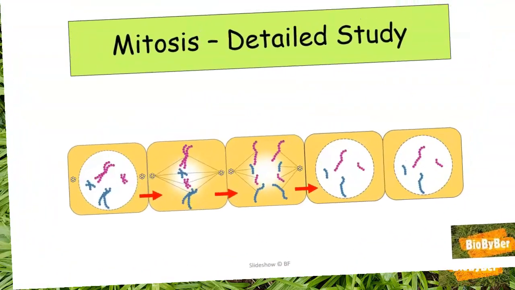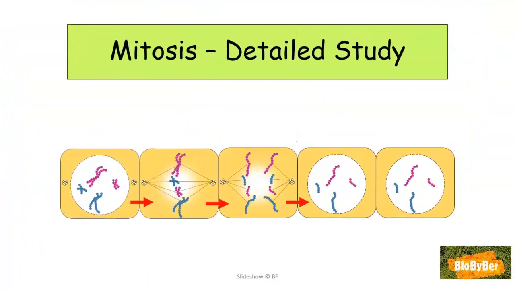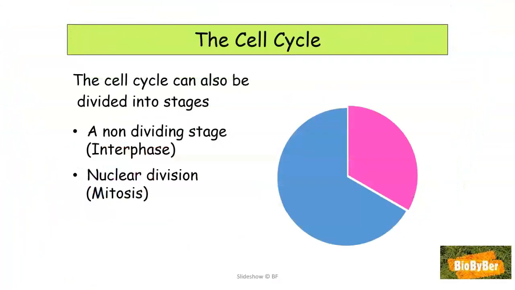Let's look at a detailed study of mitosis. You might remember the cell cycle from a previous video. The cell cycle, or the life cycle of a cell, can be divided into stages. Interphase is the stage in the cell cycle during which cells are not dividing.